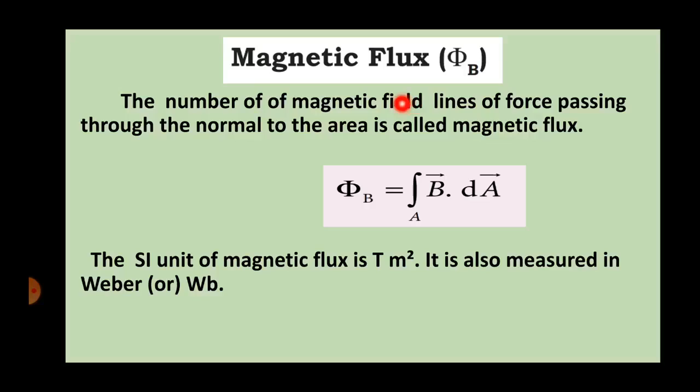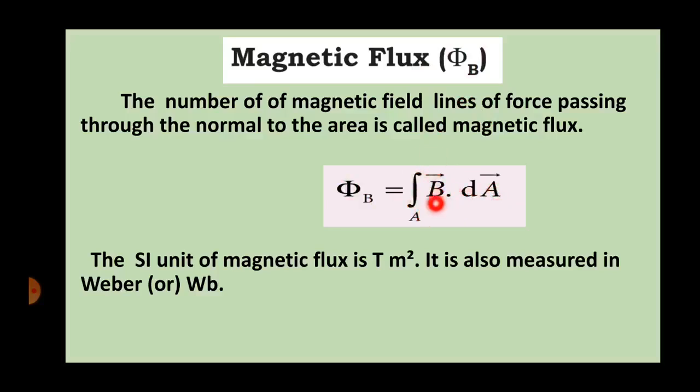The total magnetic field lines of force, or number of lines of force, passing through the normal to the given area is called magnetic flux. It is represented by phi B. That means magnetic flux phi B is equal to the integral of B vector dot dA vector.